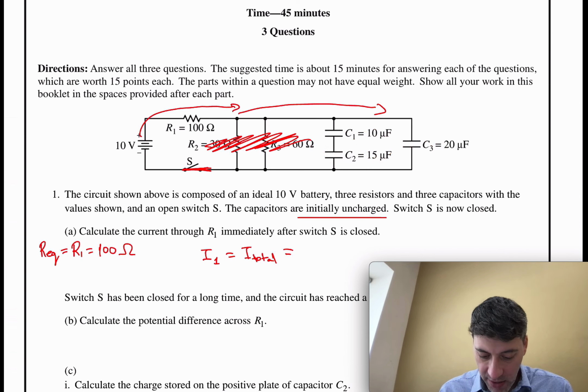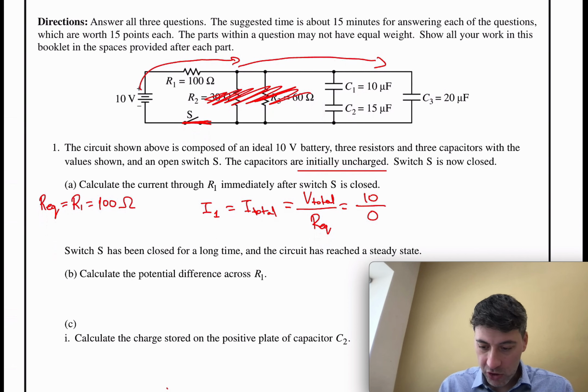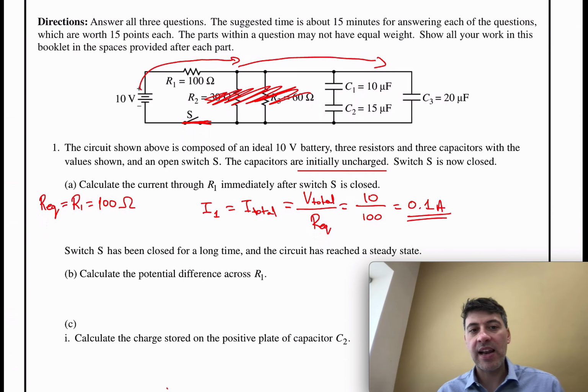So it will be V total over R equivalent, so it will be 10 over 100, it will become 0.1 ampere. And this is our final answer for part A.